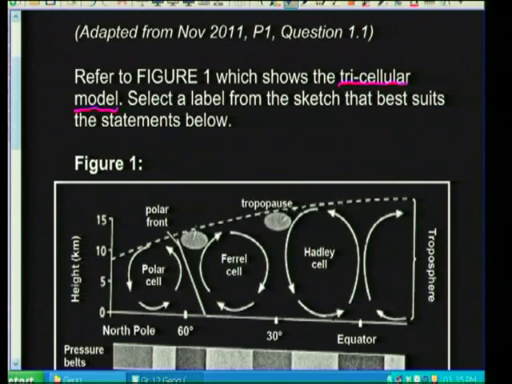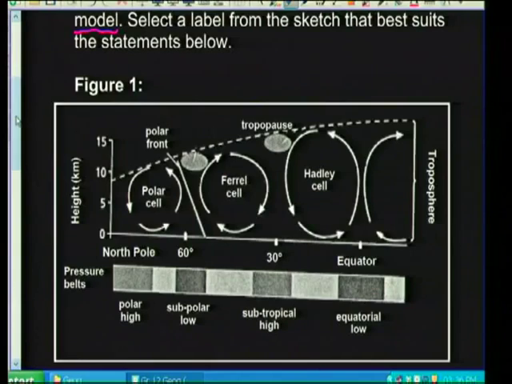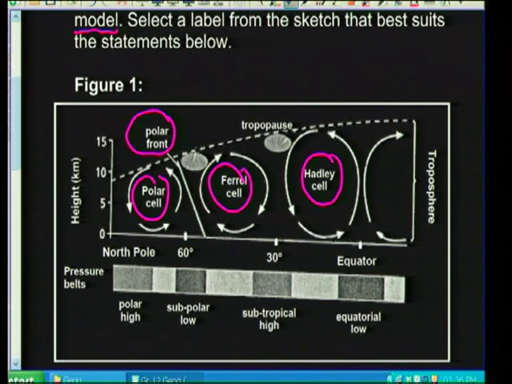But before we even look at the questions itself, it's very, very important to look at what the diagram actually gives us. And when we look at it here, we clearly can see the 3 cells clearly labeled on the diagram. It also gives us the polar front, which is found between the ferrel and the polar cell.